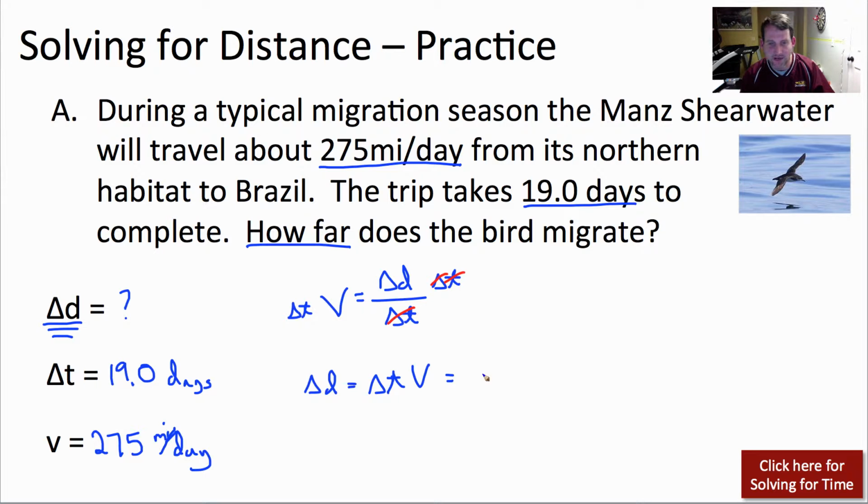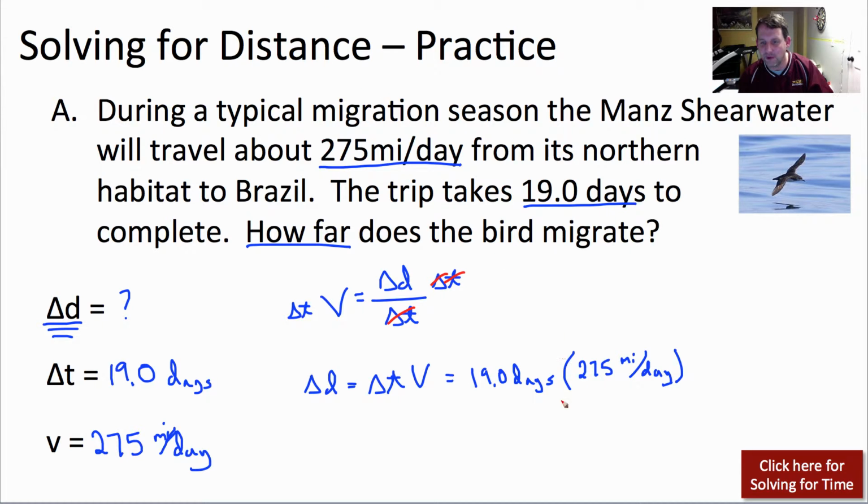So our change in time here is 19.0 days. So I've got 19.0 days. And the next one is 275. So the velocity is 275 miles per day. And I can notice when I do this that something's going to cancel here.